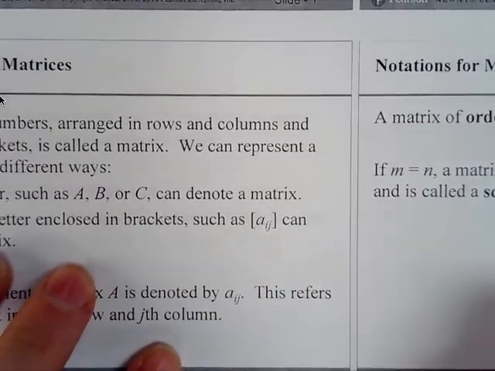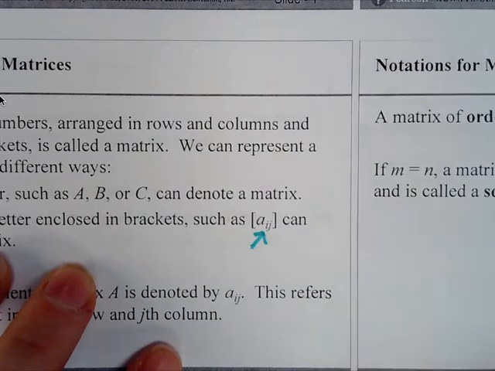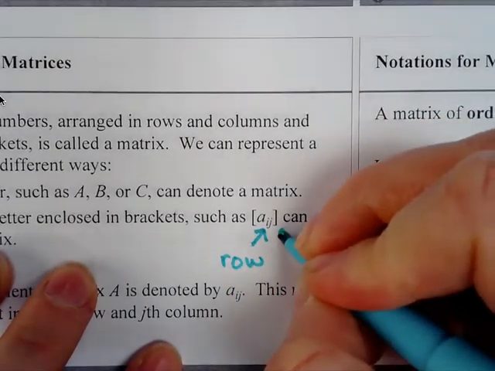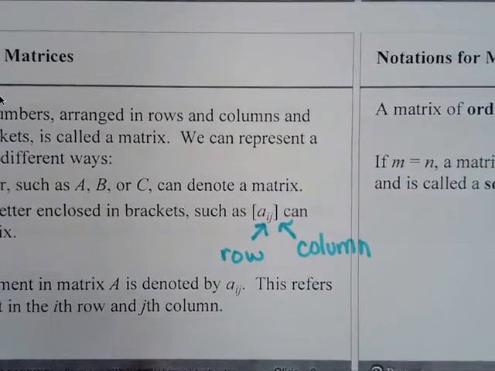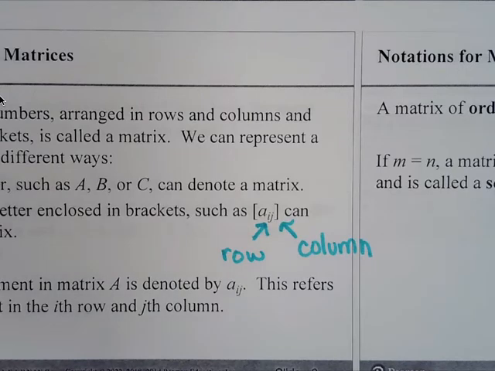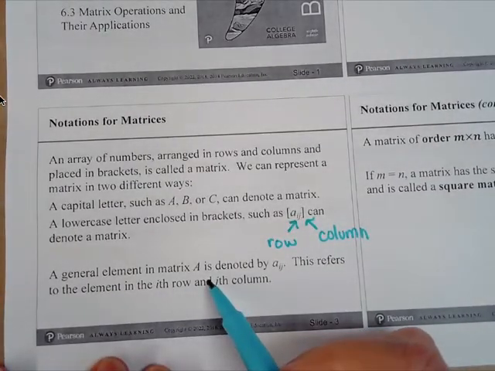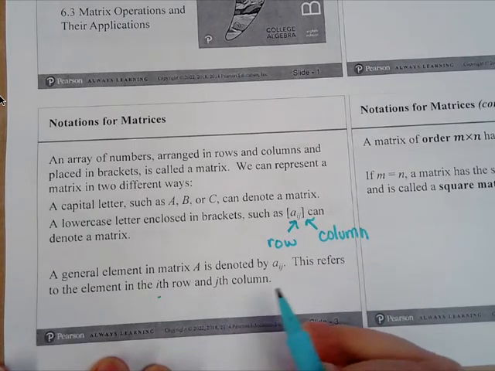Okay, so it's very similar to how we do rows and columns when we name them. So i would be your row number and j would be your column number. So we can name the entry by looking at that. A general element in matrix A is denoted A subscript ij, which refers to the ith row and jth column.